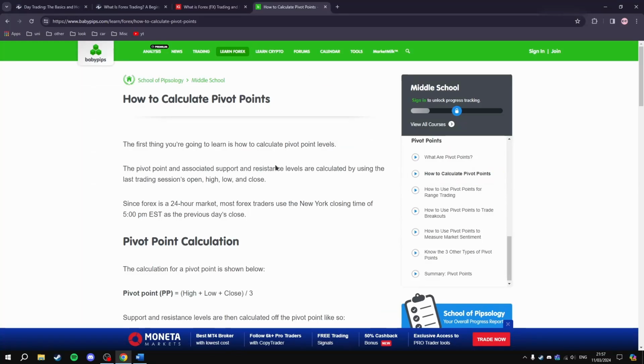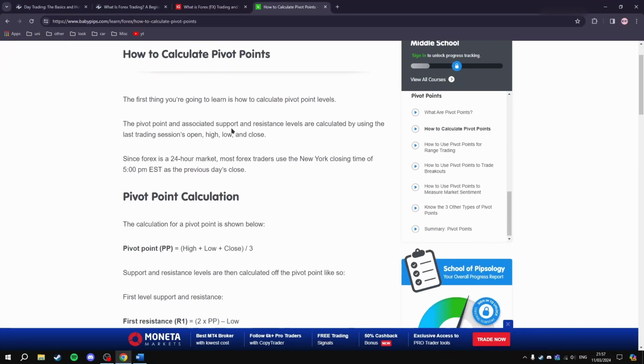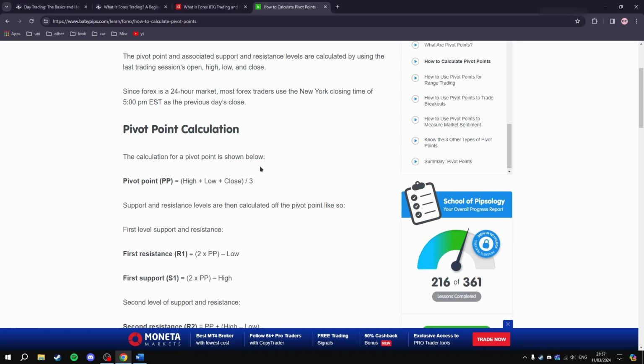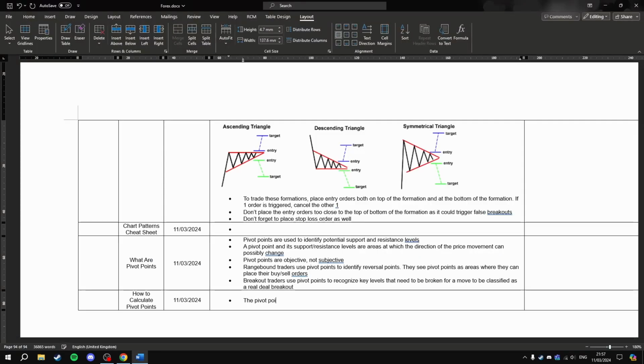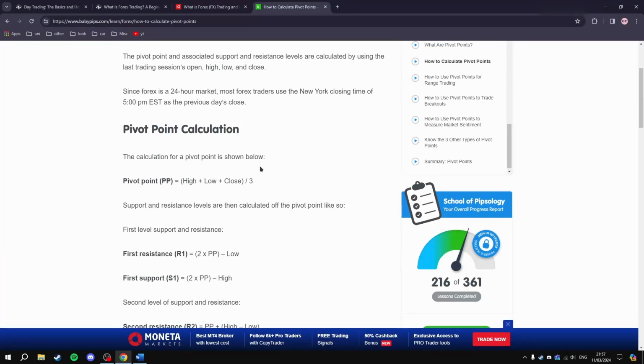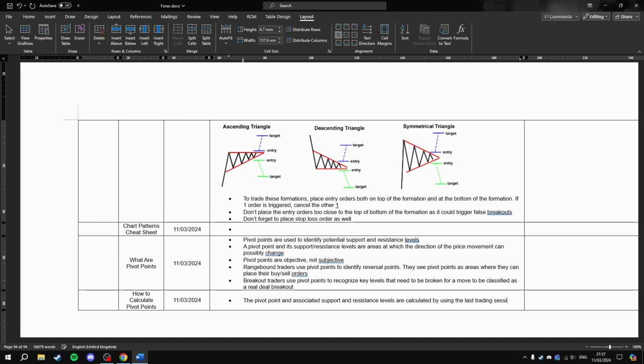The first thing you are going to learn is how to calculate pivot points. The pivot point and associated support or resistance levels are calculated by using the last trading session's open, high, low and close.